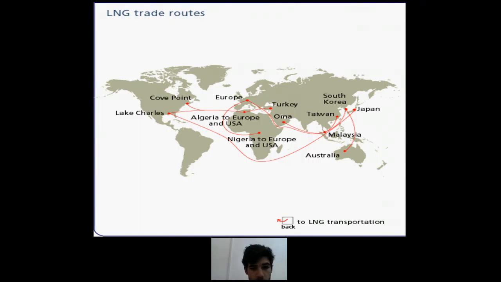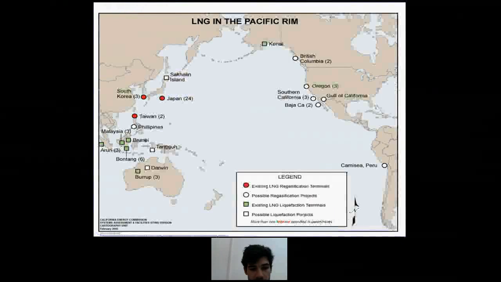In this picture, we can see the LNG facilities, the existing and the possible LNG facilities in the Pacific Rim. As we can observe, there are only a few, 3 in number, existing LNG regasification terminals and around 5 existing LNG liquefaction terminals.